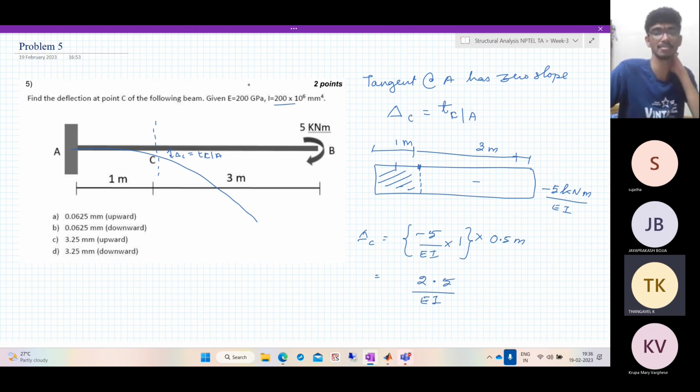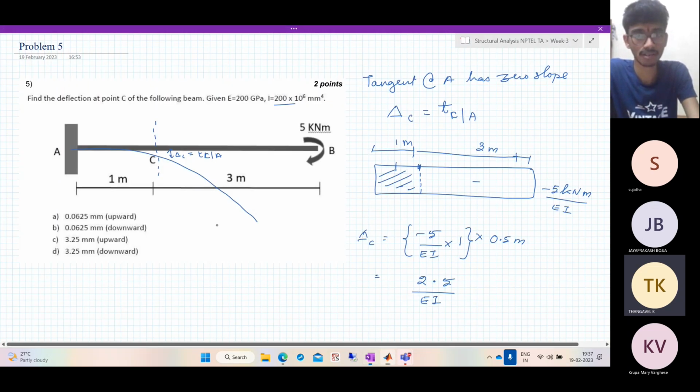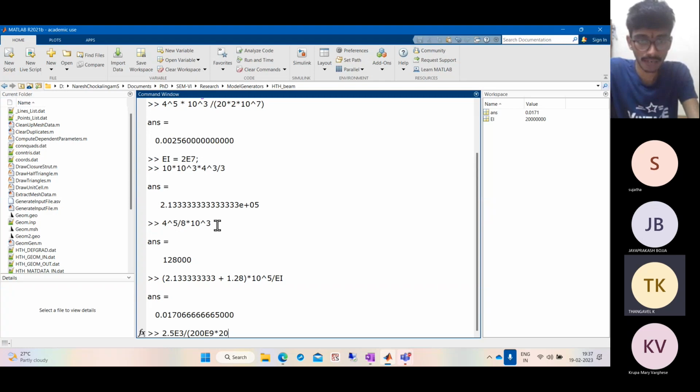Note that EI in this case, in the last problem it was 100. In this case it is 200. So what do we get? We get 2.5 kilonewton meter. So if you convert it to newton meter, we get 2.5 into 10 power 3 divided by EI. So EI, you should be careful. In this case, it is 2 times the last. So it is 200 GPa. So 200 E9 star I, which is 200 E6 star 1E minus 12.